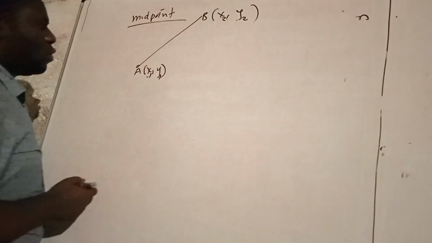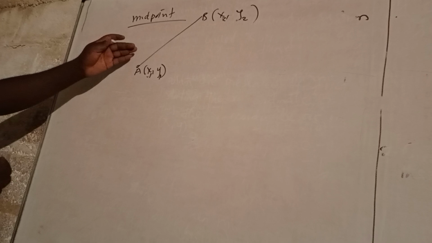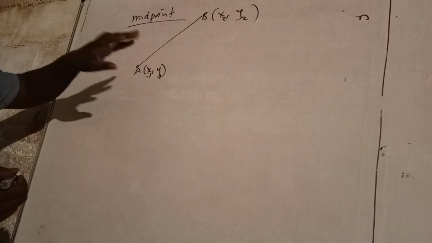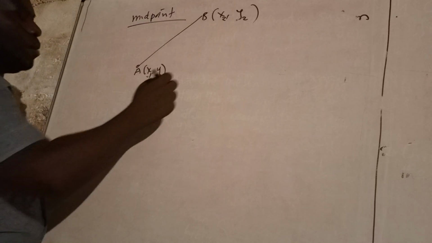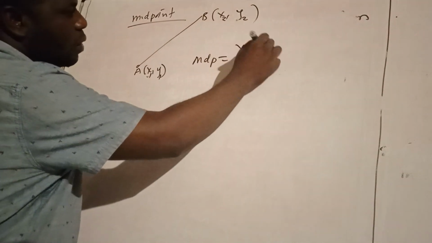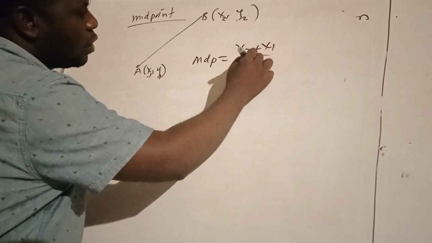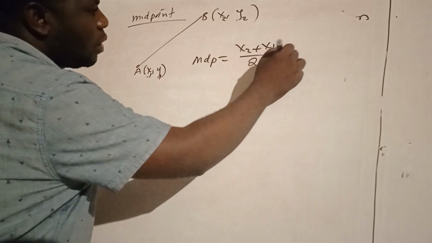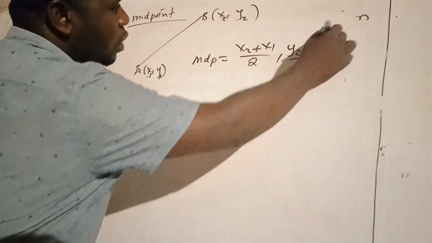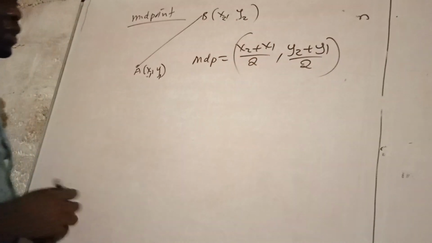Since we have the points A and B, to find the midpoint we use the formula: midpoint is equal to ((x2 + x1)/2, (y2 + y1)/2). This is the formula for finding the midpoint.